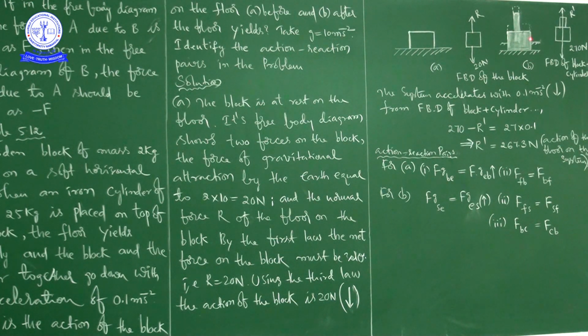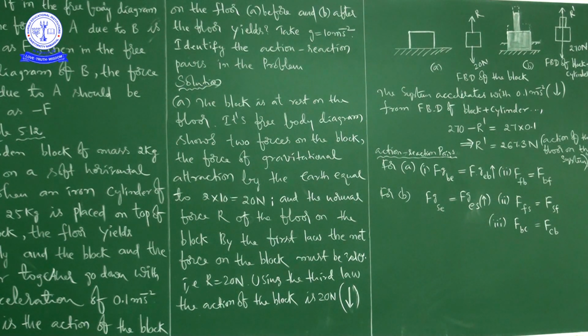Here it is the block, and on the block he kept a cylinder. Right. It is also the same thing, but it is the free body diagram of the system consisting of block and cylinder. So here it is written clearly FBD, free body diagram of block plus cylinder.